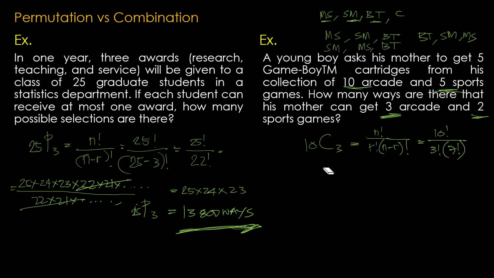So what's the answer? 120 ways. For this one, n factorial over 2 factorial times 5 minus 2, that would be 3 factorial. So what's the answer? 10 ways.